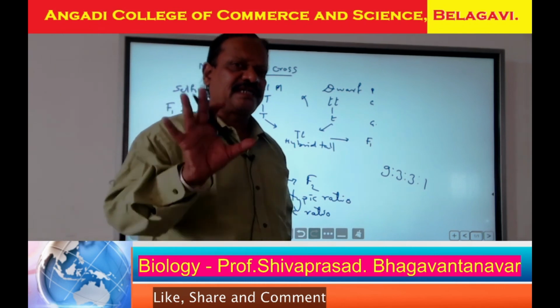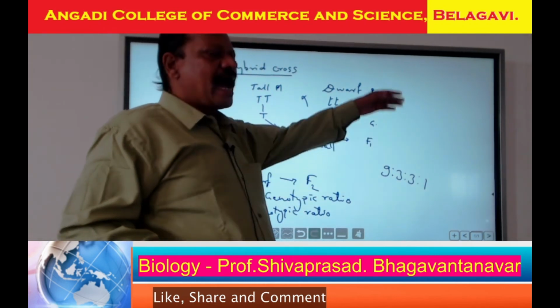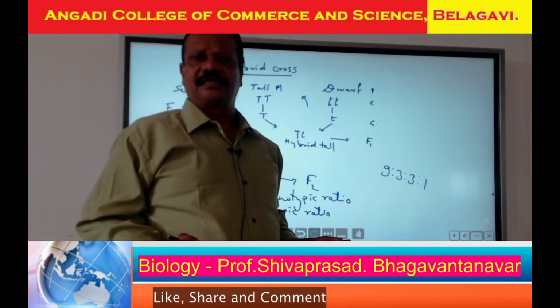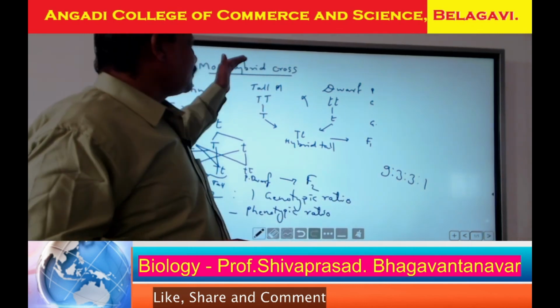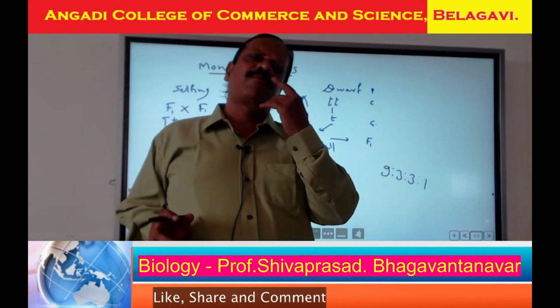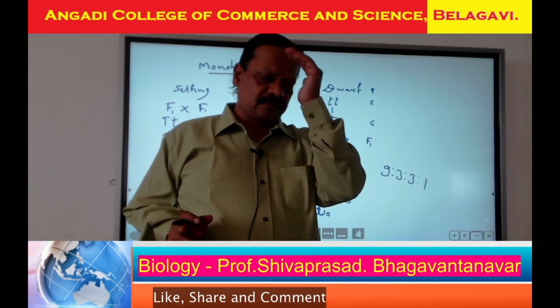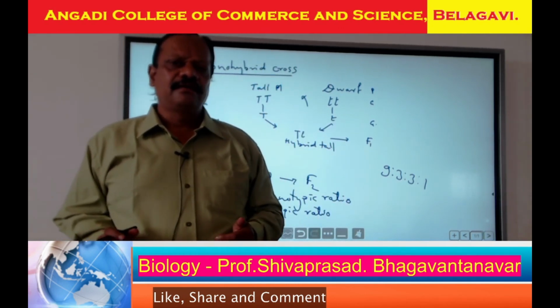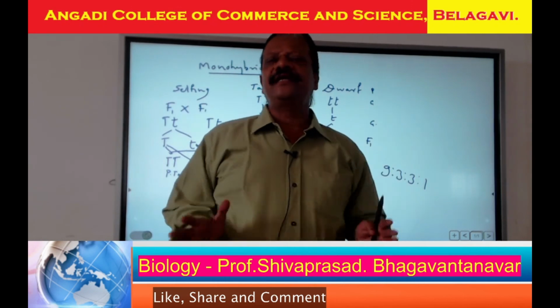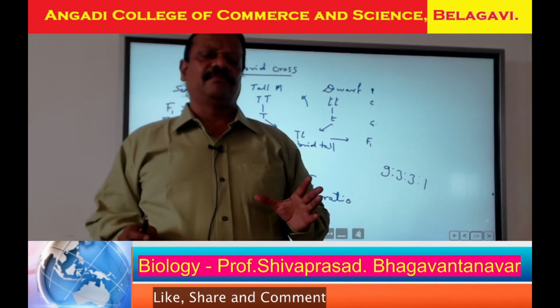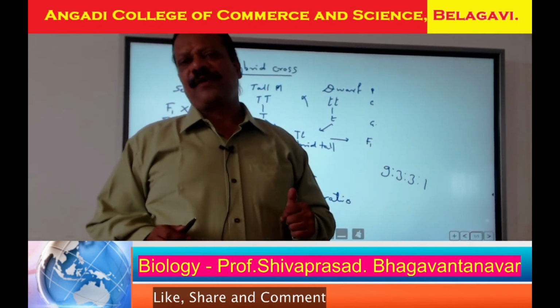If time is permitting, then definitely I will explain the dihybrid cross also. But remember, in this way the laws were put forth by Gregor Mendel, and those are popularly called Mendelism.